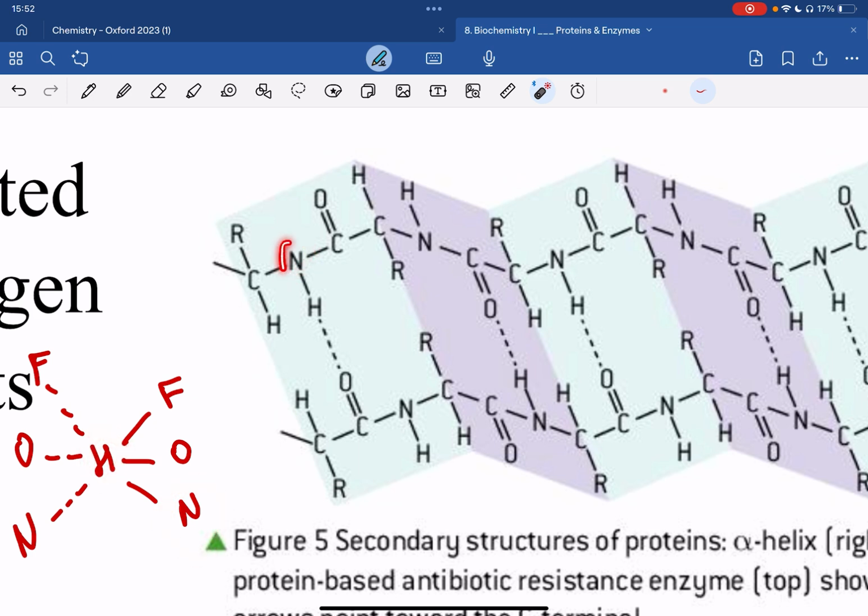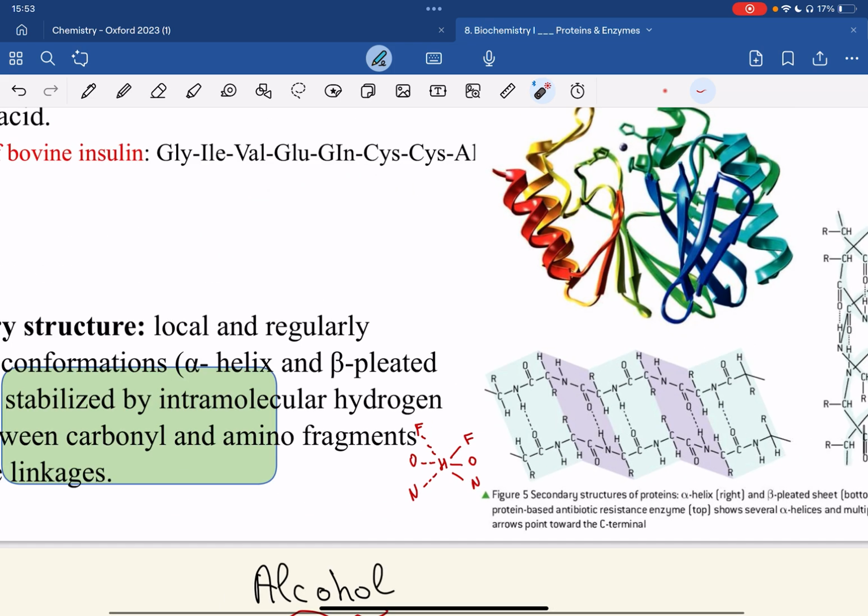That is condition number two, and it is intramolecularly connected, intra because it's the same protein structure, to another oxygen. As you can see, the hydrogen bonds in secondary structure are between the amide bonds: NH and CO, CO and NH. All of them are between amide linkages.